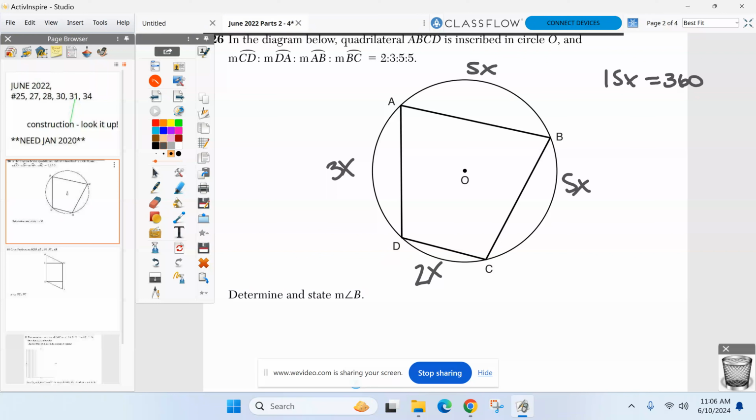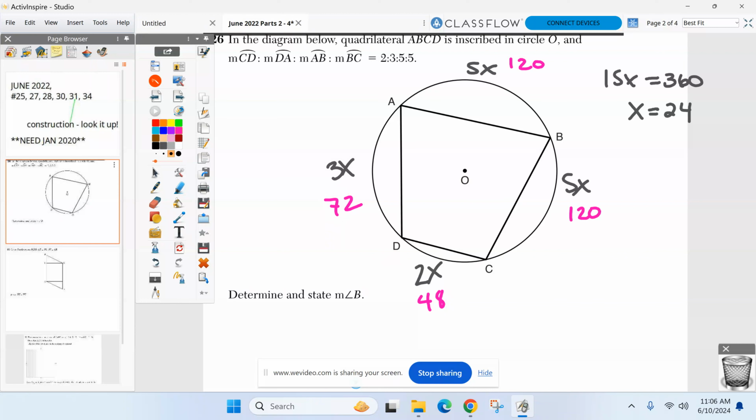Go ahead. You get all the arcs now: 48, 72, and 2 120s.